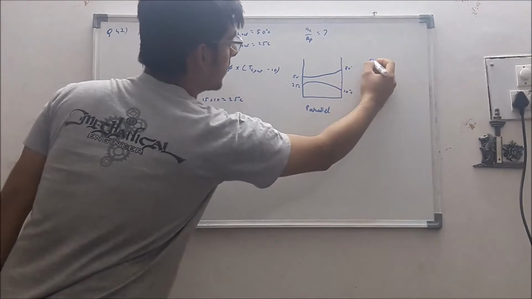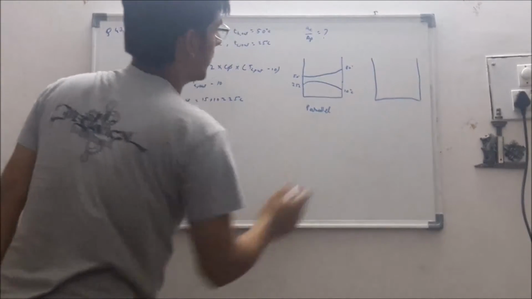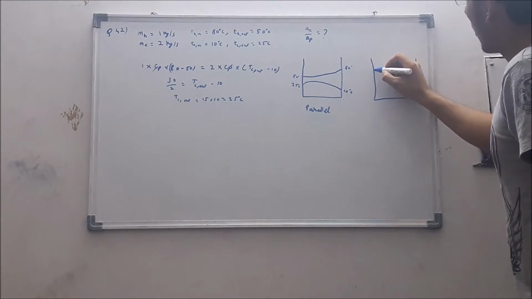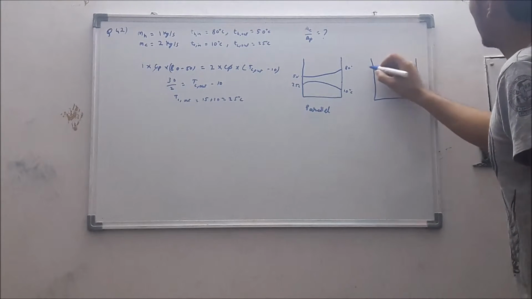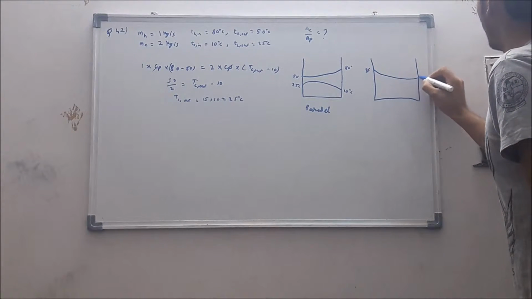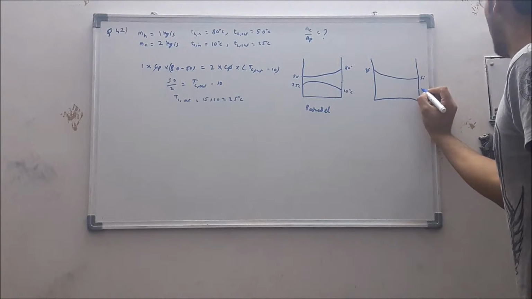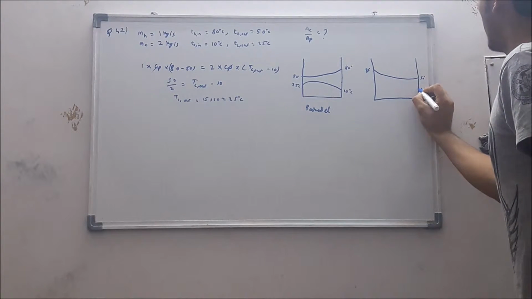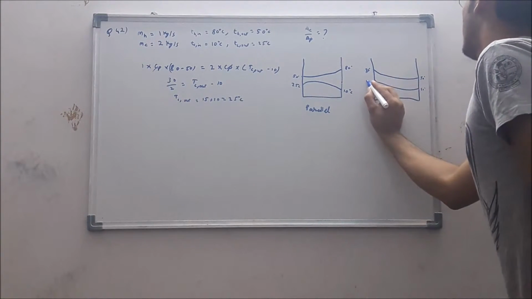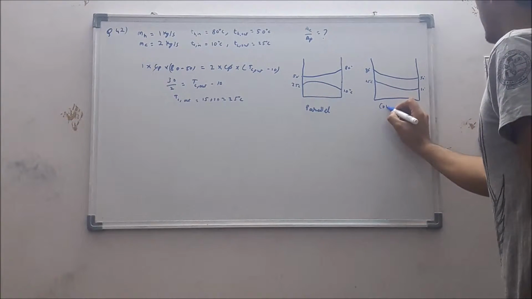And for counter flow, hot water will be here at 80 degrees and here at 50 degrees, and cold water will be here at 10 degrees and here at 25 degrees for counter flow.